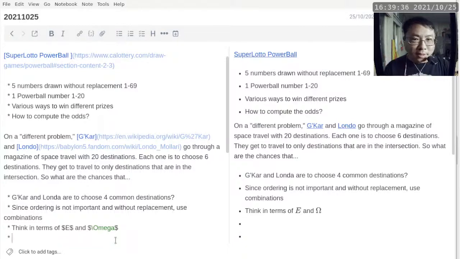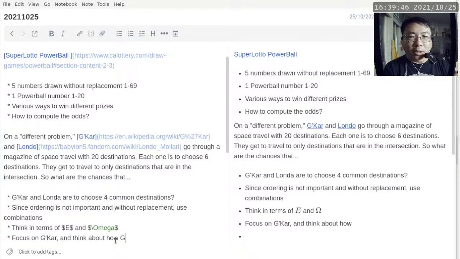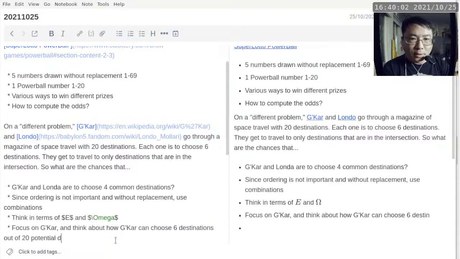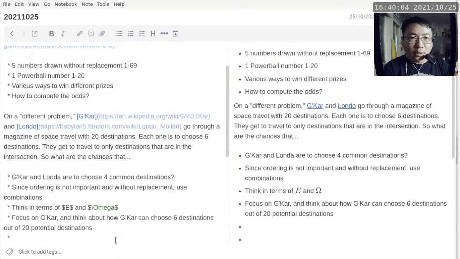Focus on, I'll just pick one of them, Jakar, and think about how Jakar can choose not one, but 6 destinations out of 20 potential destinations. That's a pretty easy problem to solve. So I'm going to let you guys solve this problem. What number are we looking at?